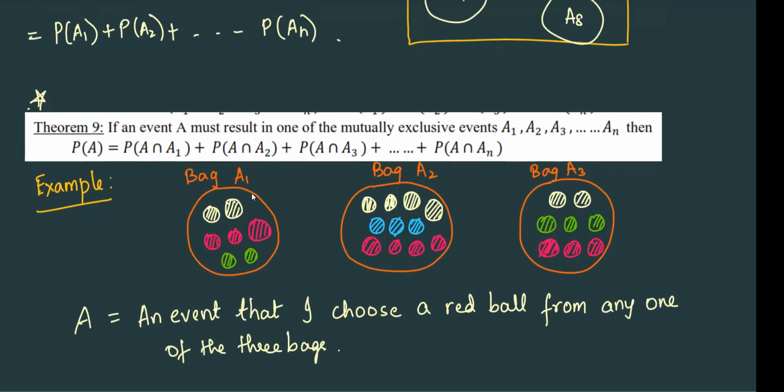See, if I choose bag A1, it is not that I can choose bag A2 and A3 simultaneously. No. If I choose bag A1, it excludes choosing bag A2 and bag A3. So these are mutually exclusive events.